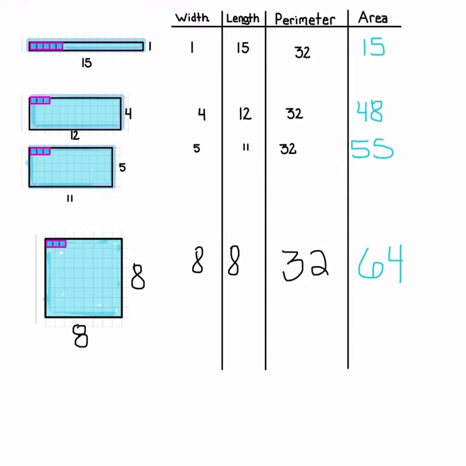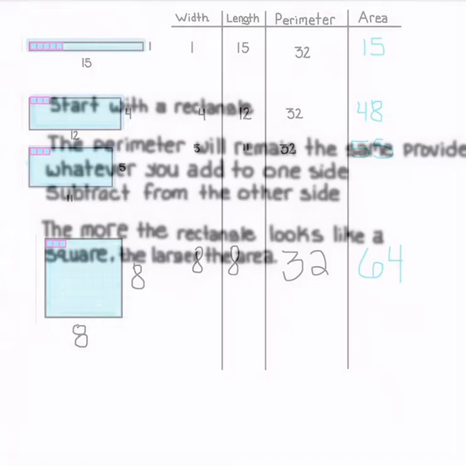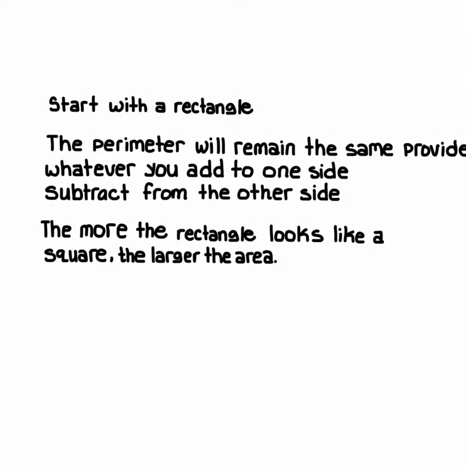What you're going to do is start off with a rectangle, and you're going to create more rectangles with the same perimeter. So to do that, you're going to add to one side and then subtract the same amount to the other. If you want a rectangle that holds more area, then you're going to want the rectangle in front of you to look more like a square.